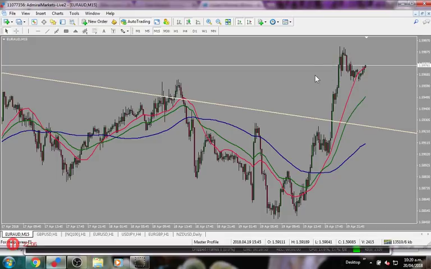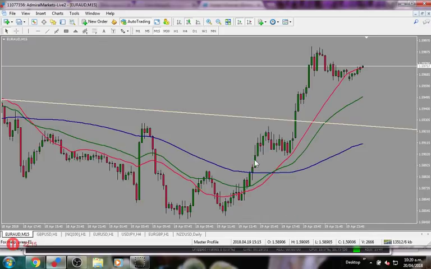So the next point of the strategy will be to say that in essence you need to wait for a whole candle to close above all of the moving averages.